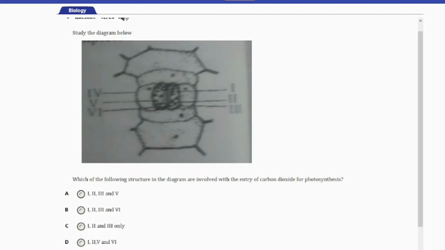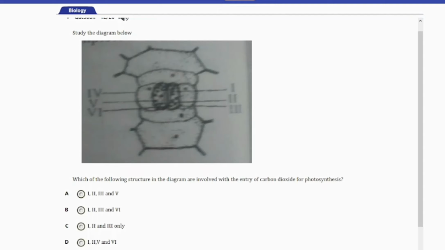C, I, and III only. D, I, V, and VI. So guys, the structures in this diagram that are involved in entry of carbon dioxide for photosynthesis will include I, V, and VI. So that's option D here. And that's it for this question.